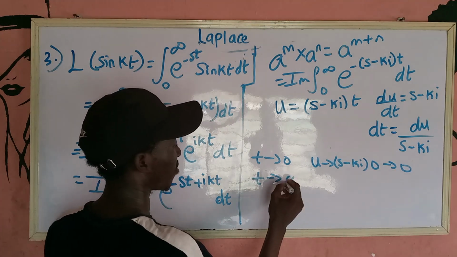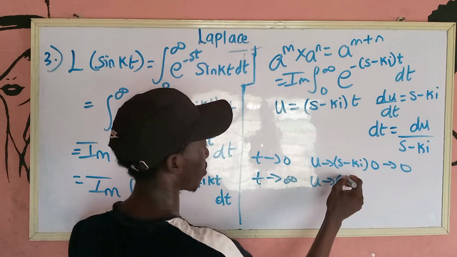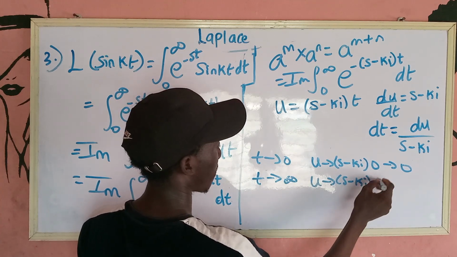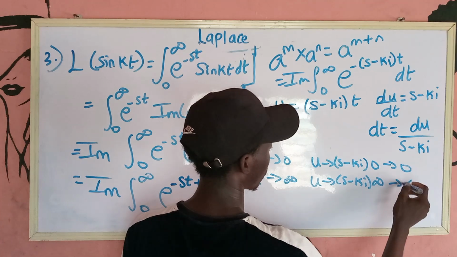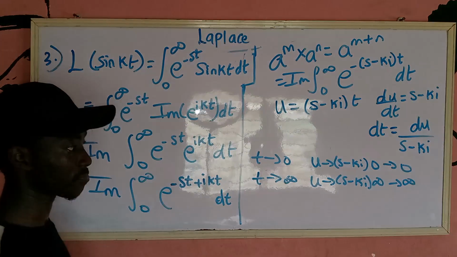And as t goes to infinity, u times infinity also explodes to infinity.